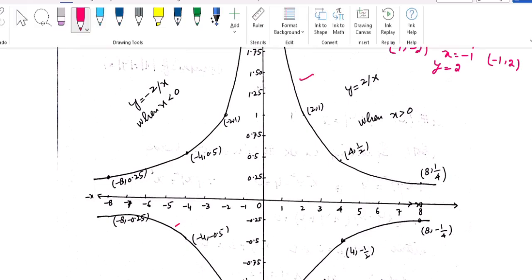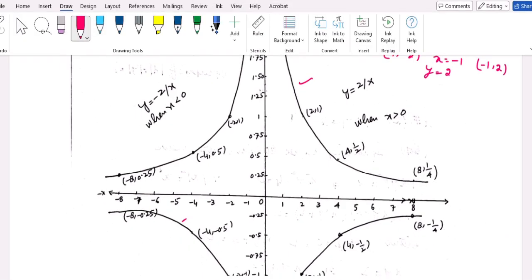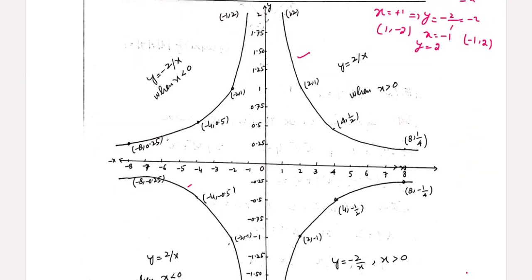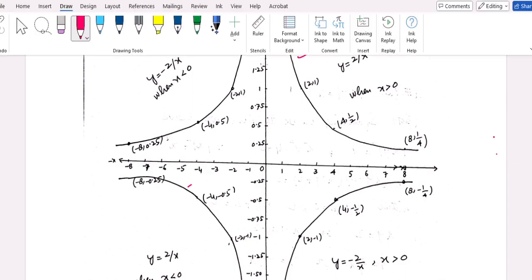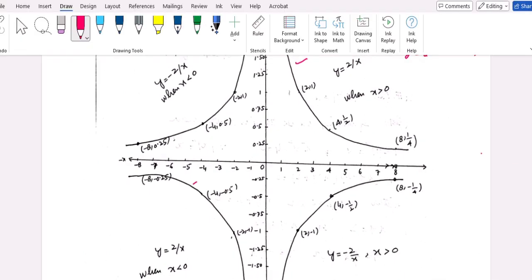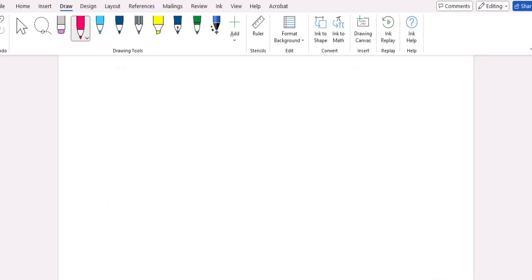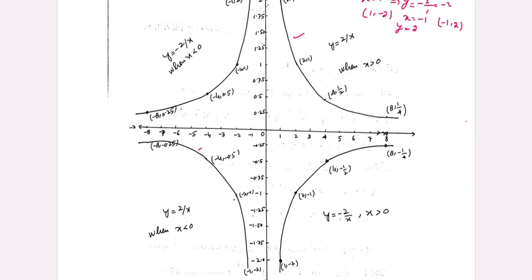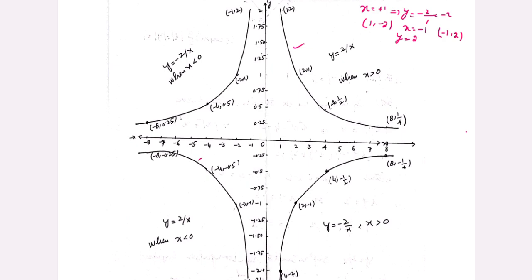If I zoom out this graph, okay, this is the full graph that you can make by just plotting all of the points.